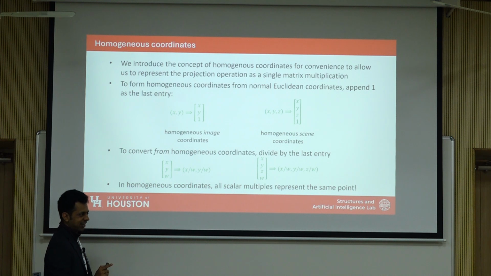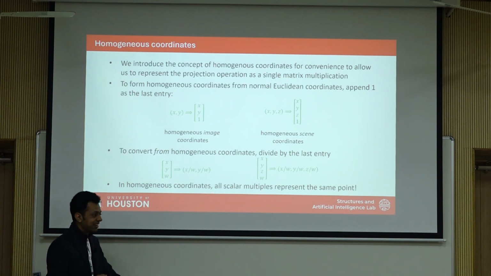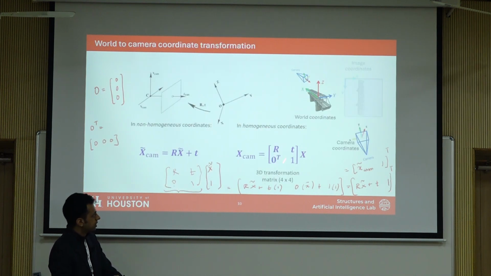I don't want to say something that's not accurate. I don't want to guess, but I can look it up and let you know. But I do know that it's used in computer vision extensively, and the reason it's used is because it allows you to have a single projection matrix instead of having 2 operations.